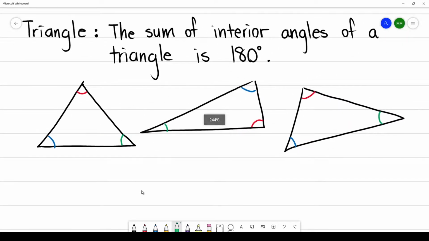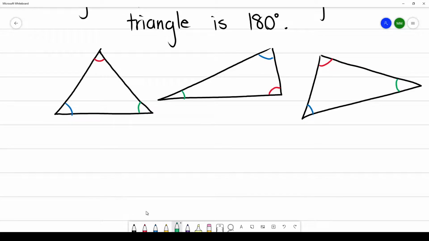The sum, so the red angle plus the blue angle plus the green angle, in all these triangles, they are always equal to 180 degrees. So that is the theorem. 180. Always.